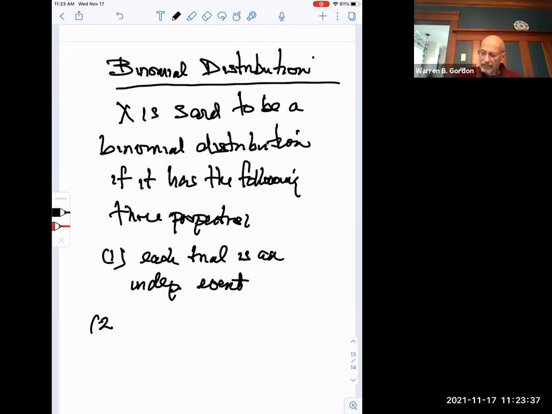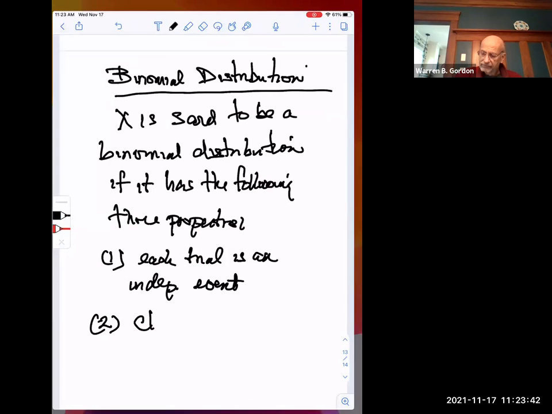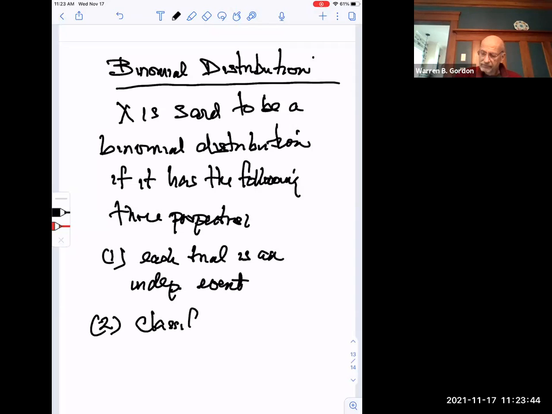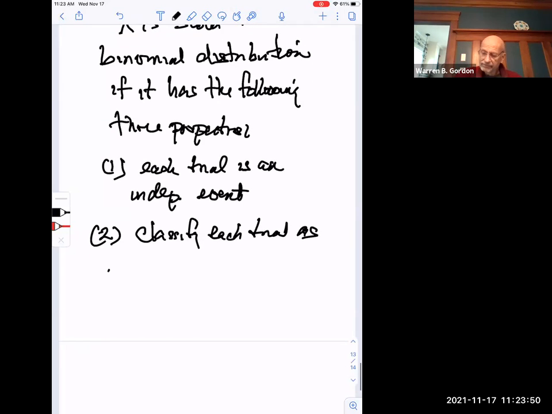Two, I can classify each trial as a success or failure.